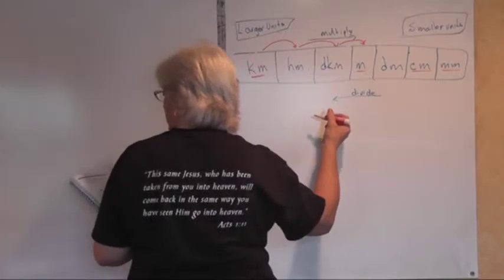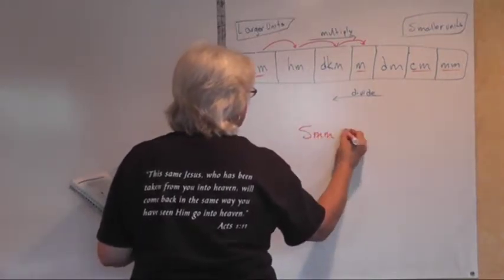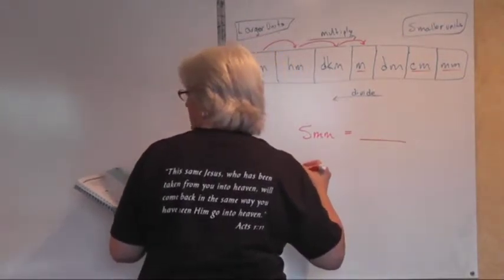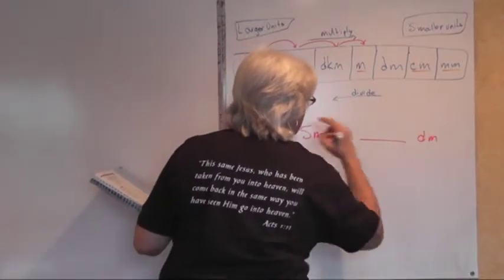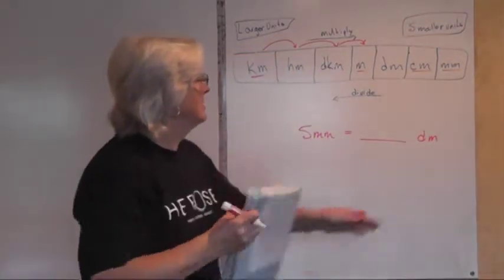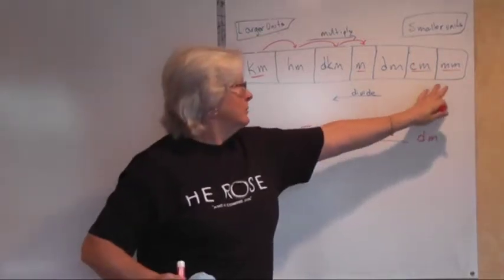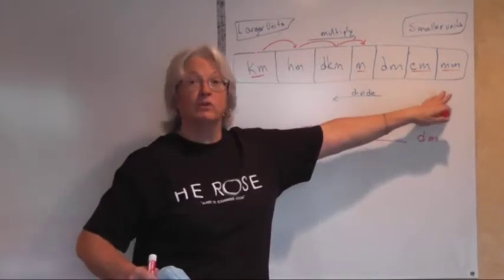So we want to know 5 millimeters is equivalent to how many decimeters? We're moving from millimeters to decimeters, from smaller units to larger units, so we're going to divide.